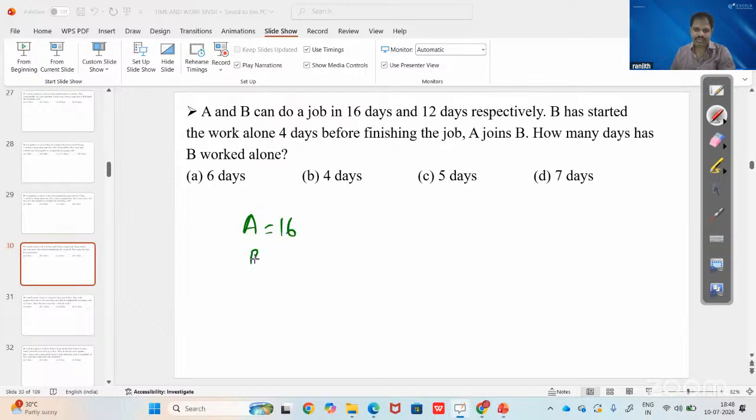B can complete the work in 12 days. B started the work alone. 4 days before finishing the job, A joins B.